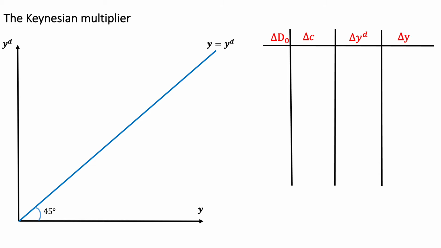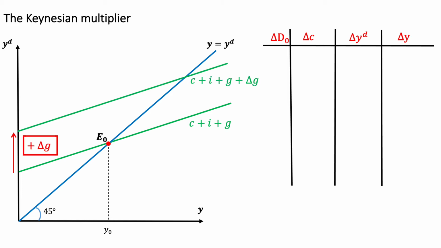So now let's dive in more details into the multiplier. On the graph here, you can see the production on the x-axis and the demand on the y-axis. The blue line represents the equality between production and demand. For example, this equality is verified at E0. From this point, the state increases public spending by an amount delta G. So what happens then?